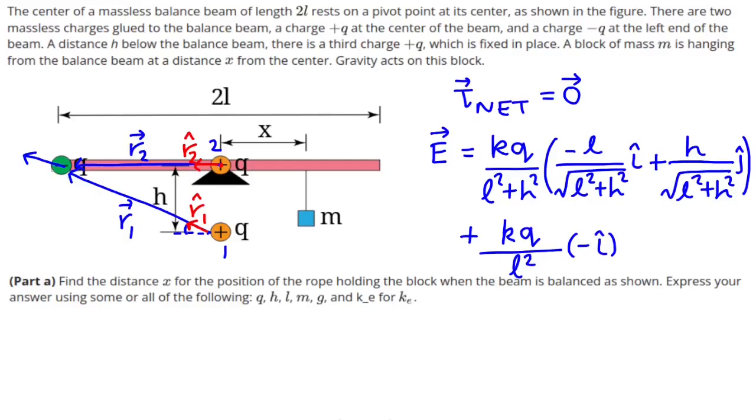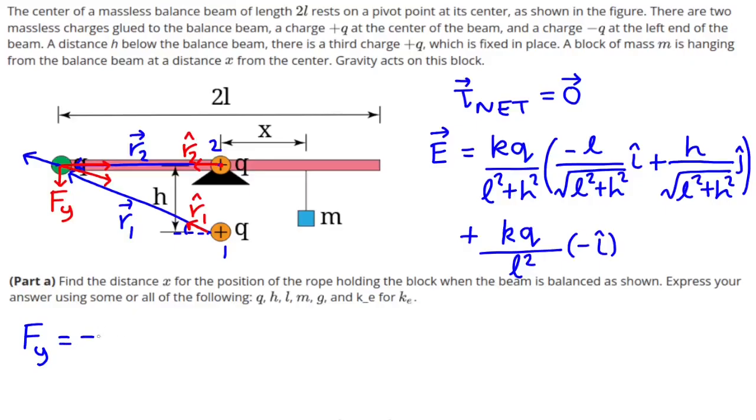So the electric force on this charge acts in the opposite direction of the electric field because it's a negative charge. And if we resolve this force into a vertical and horizontal component, we see that the horizontal component contributes no torque about the pivot. So we're only interested in the vertical component of the electric force.